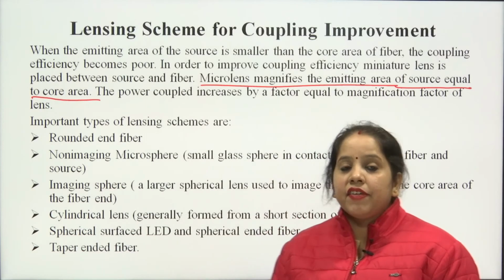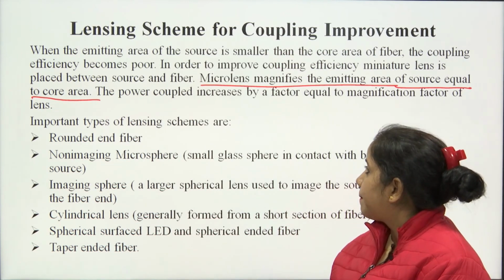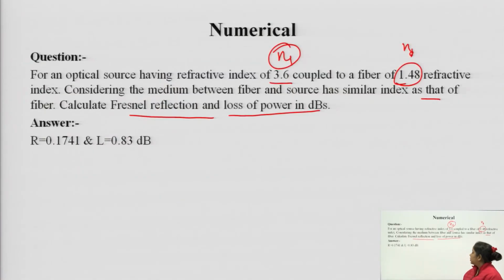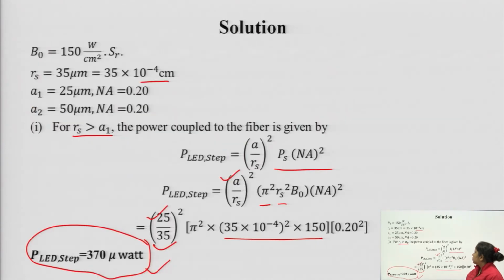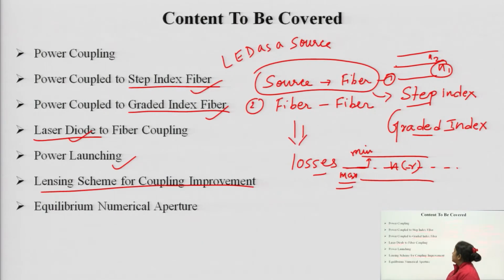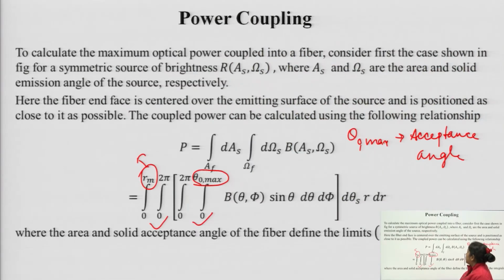So, students, let us have a recap of what we have studied today. In this particular lecture, we have studied the power that has to be coupled into the fiber. This is the general expression.